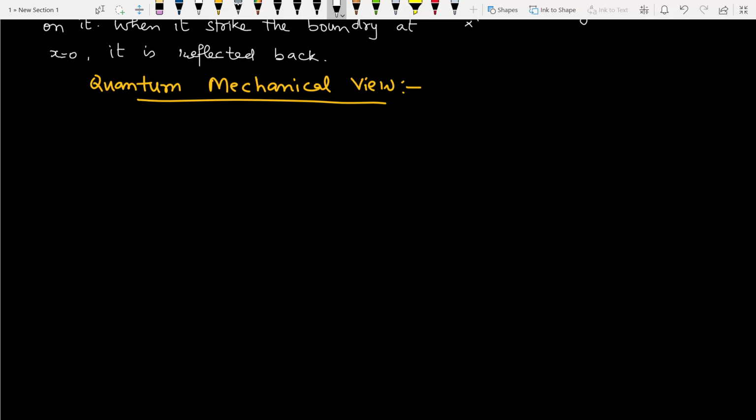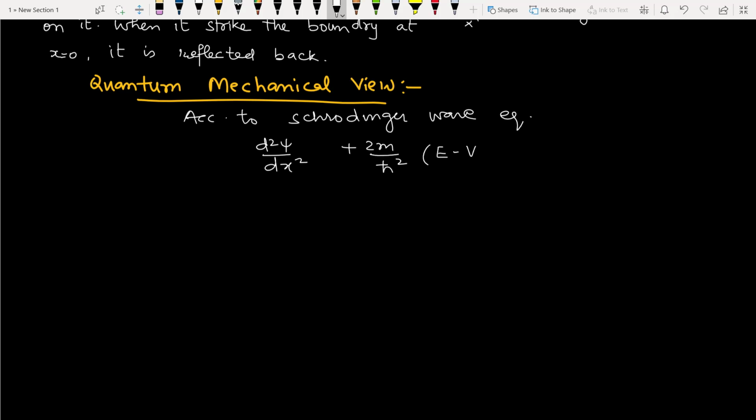So according to Schrodinger wave equation, in region 1, when we try to solve the equation, we know potential is 0.